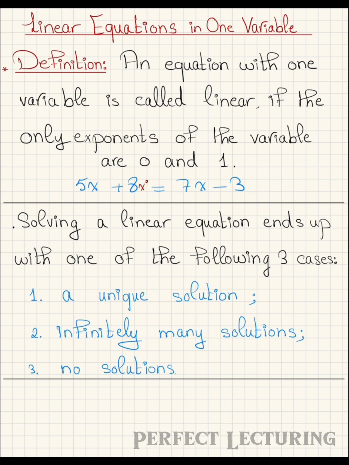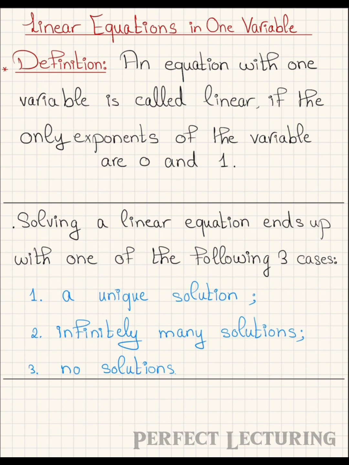Of course, we don't have to write x to the power of 0, but I'm just explaining that the only exponents are either 0 or 1. That is simply what a linear equation is. Regarding the geometric significance, I'm going to dedicate another video to that. In this video, I'm just going to show you how to solve an equation.